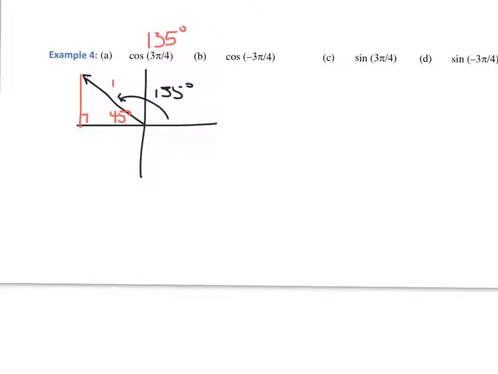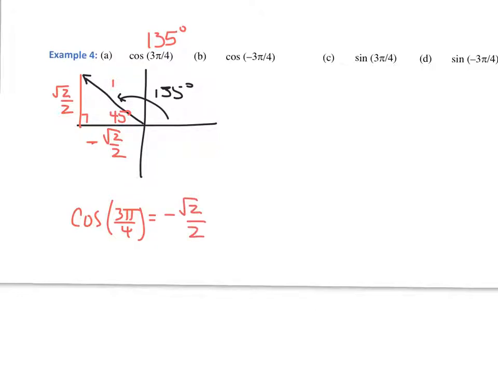Opposite the 45, root 2 over 2, and opposite the other 45 is also going to be root 2 over 2. Do we want to add anything to any of these? Which one's going to be negative? Well, the bottom, the x-axis. This one, the bottom one, okay, because it's still a negative x-axis, right? Okay, so we're talking about the cosine of 3 pi over 4. So leave it as 3 pi over 4, don't say cosine of 135, because it's the way it's given, is equal to what?